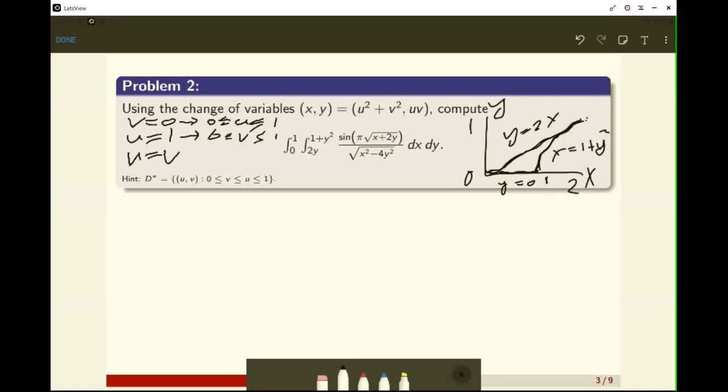It's the same thing, so 2v squared, and u times v is just the same as 1 factor of v squared, and so we get again the same thing.